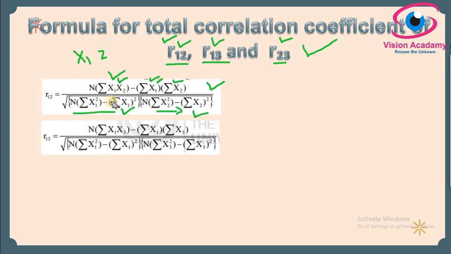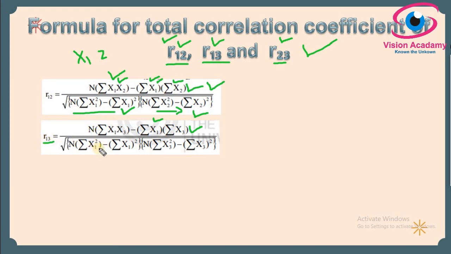n is common, then summation x1 x3, because we are considering x1 and x3 only here, and summation x1 stays the same, it won't be replaced. In place of summation x2 we use summation x3, because we are dealing with x1 and x3.